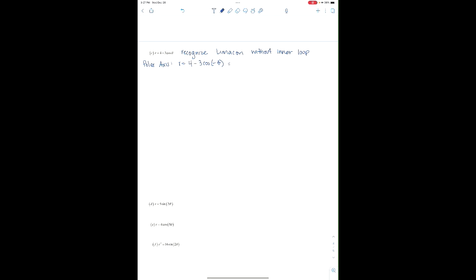That will be 4 minus 3 cosine theta, because remember, when we have cosine negative theta, it's the same as cosine theta. And so this is symmetric with respect to the polar axes.